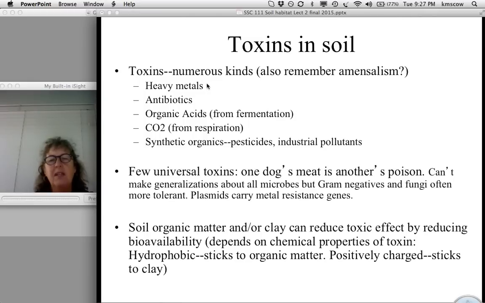But some of the kinds of toxins that you might find in soil that might impact microbes are heavy metals. Around smelters, there have been some nice studies showing drops in microbial biomass in soil immediately adjacent to these smelters that might be processing metals.